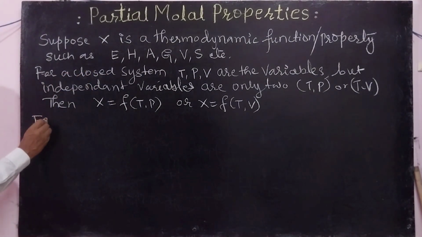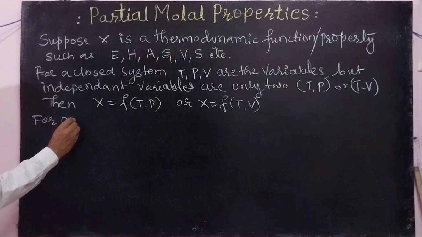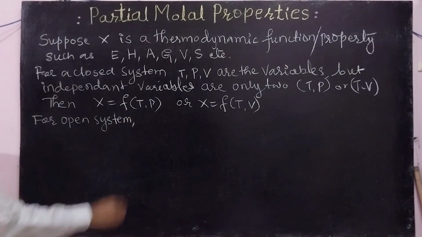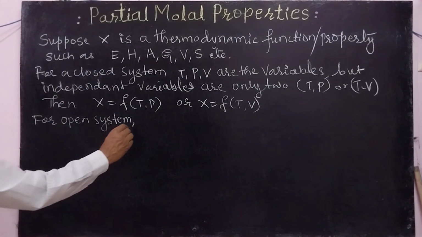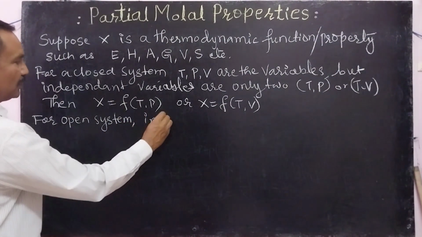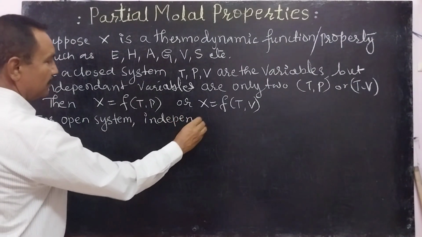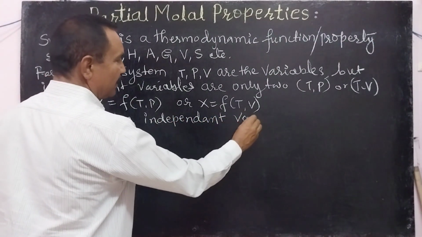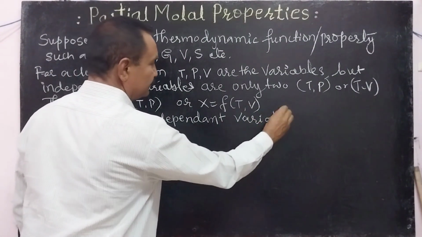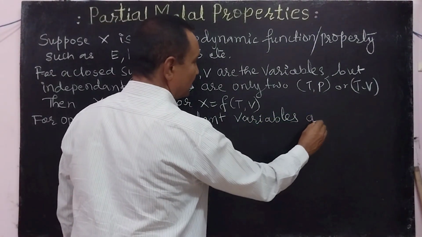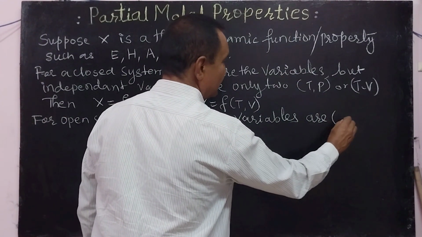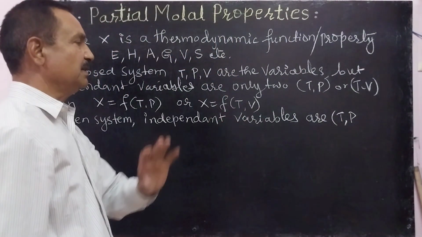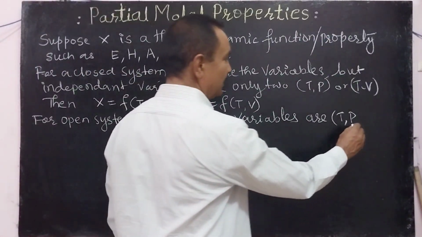Then for open system, independent variables are temperature, pressure, or temperature and volume, only two are taken.